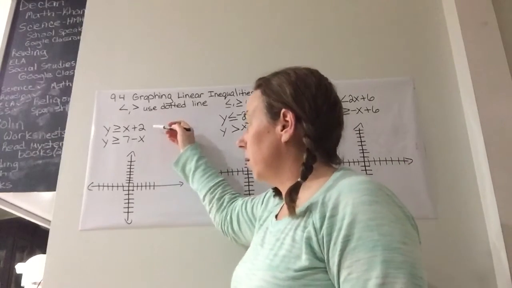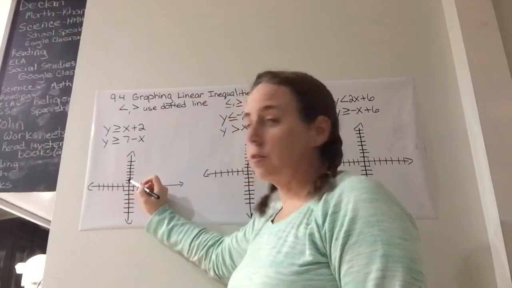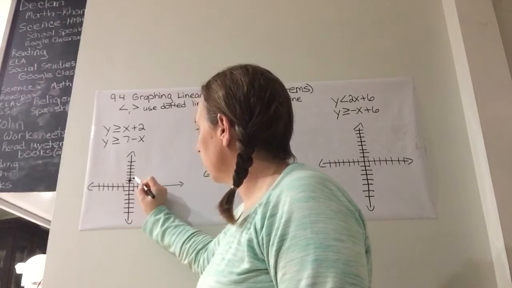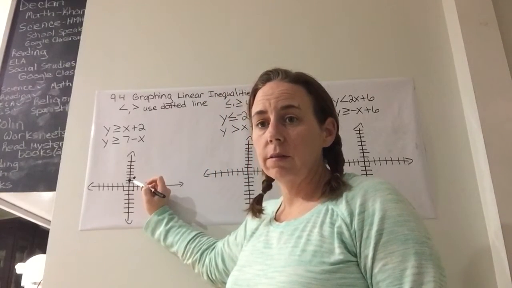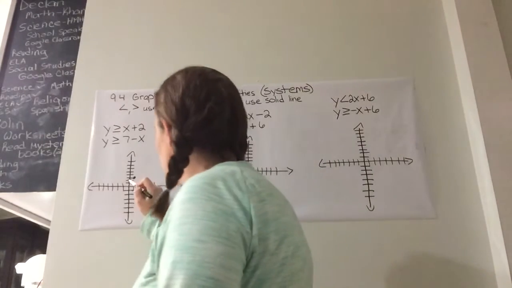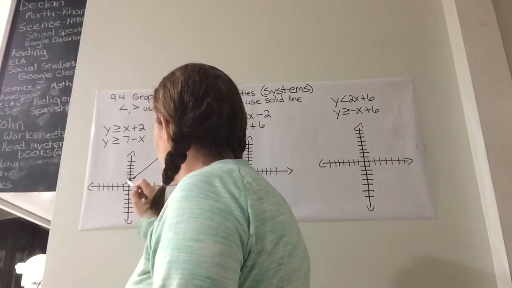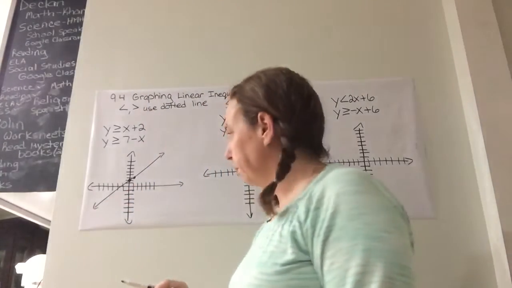So the first one, I'm going to start off at 2. And then the slope is 1, so I go up 1, over 1. And am I going to use a solid or a dotted line? I'm using a solid line. So again, remember, extend it. Now this first one I'm going to do a little bit different.